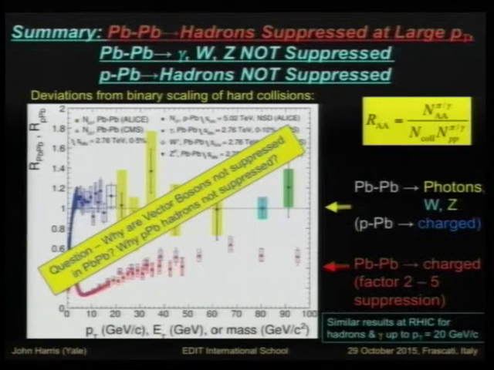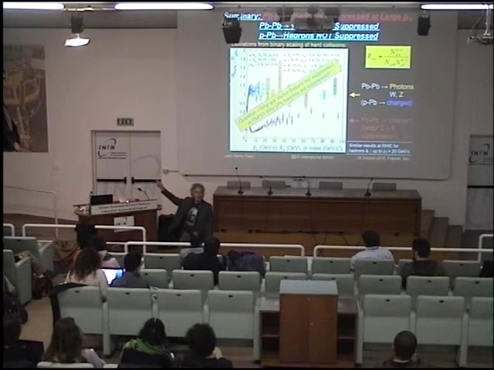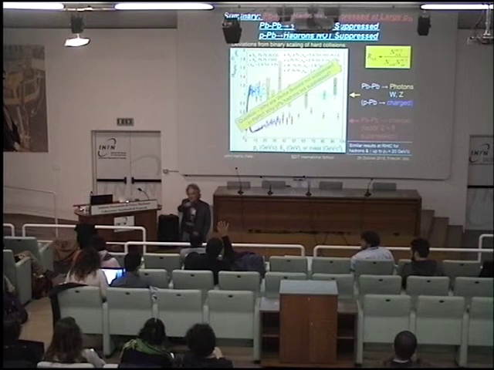Why aren't vector bosons suppressed in lead on lead? We just talked about the interaction. We talked about color charge interacting with a colored medium. What about vector bosons? What's their interaction? Raise your hand if you have an idea.